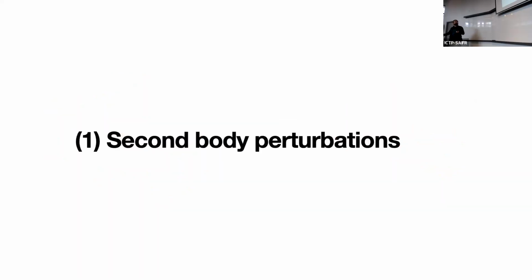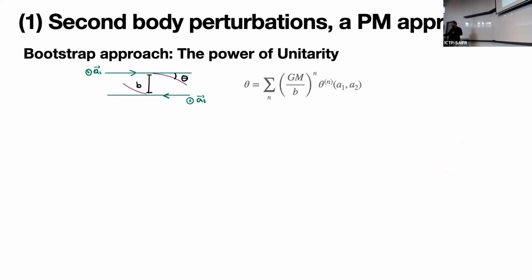So let's start with the perturbation by a second body. The idea of the scattering amplitude is to compute observables in two-body problems. So for instance, you can scatter two black holes with spins aligned in the direction of the angular momentum, and compute an observable like the scattering angle in perturbation theory. In the PM expansion, we compute this order by order in G over b.